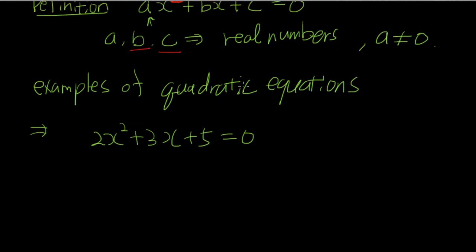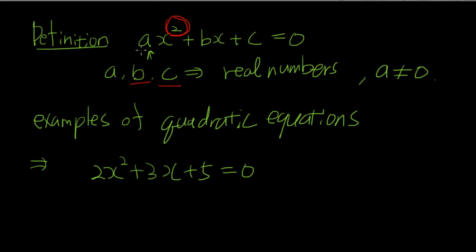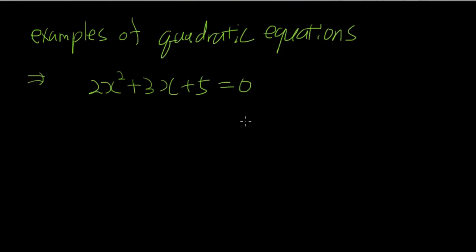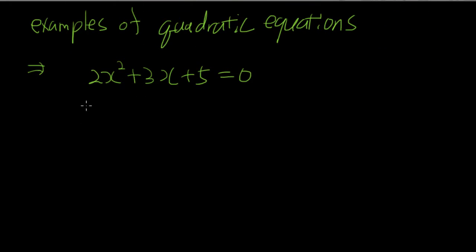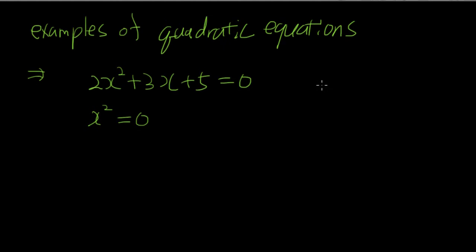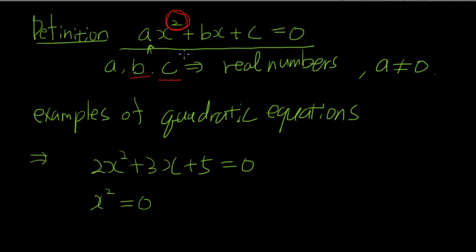Now that's a nice, very general form of this, right? We have nice a, b, c, and that's considered as quadratic equation. Well, we could also have, say, x squared equals 0. How about that? Well, according to this definition, what's our a? Our a is 1. What's our b and c? Well, they are both 0. So, something like that would be perfectly fine.